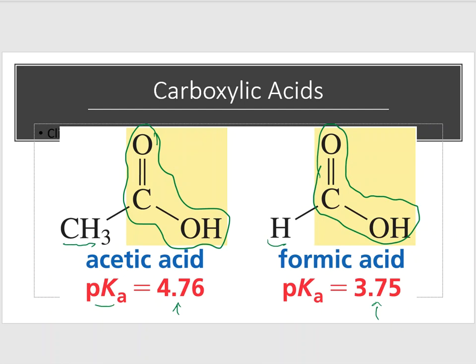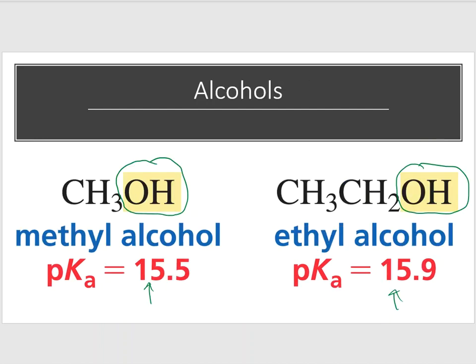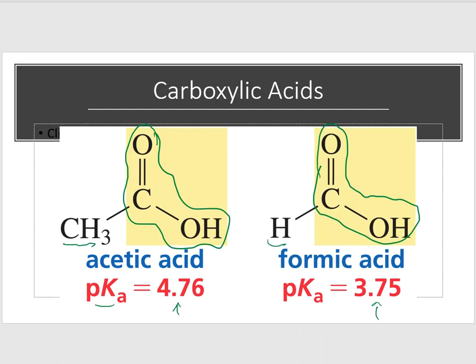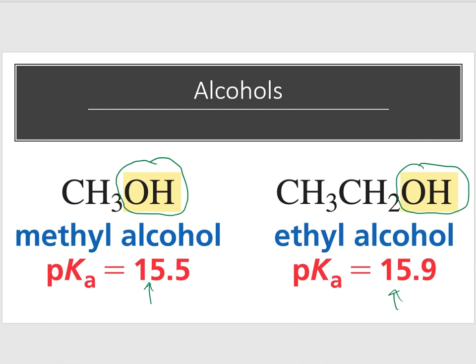And those are pretty close to each other too. We're talking about high 3s and high 4s in that range based on the two examples that I'm showing you here. So carboxylic acids have much lower pKa values than alcohols do. What that means is that carboxylic acids are going to be stronger acids than alcohols.